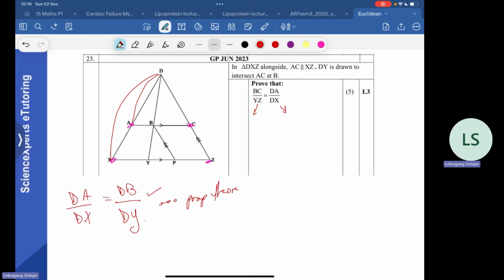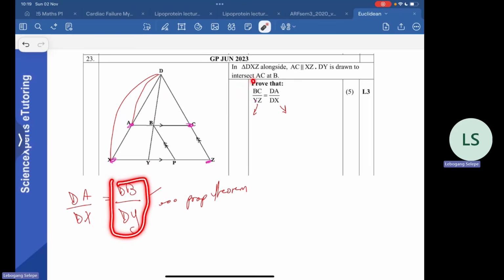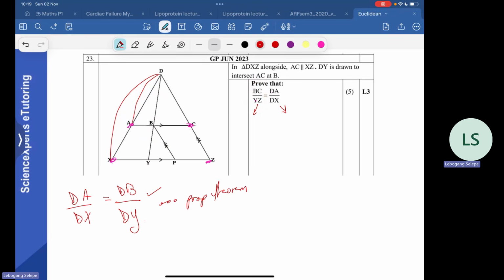Now let's try and prove that DB over DY is equal to BC over YZ. We can use similarity to try and prove this.